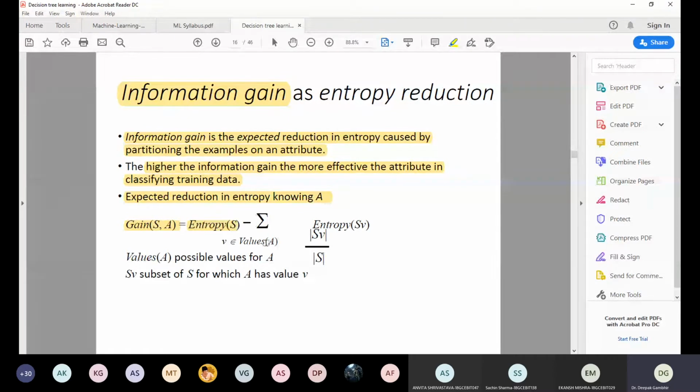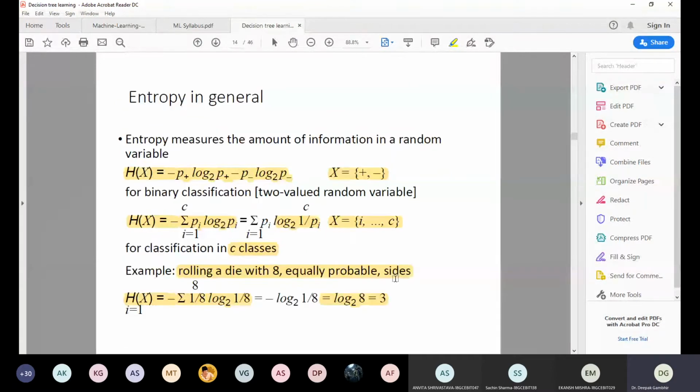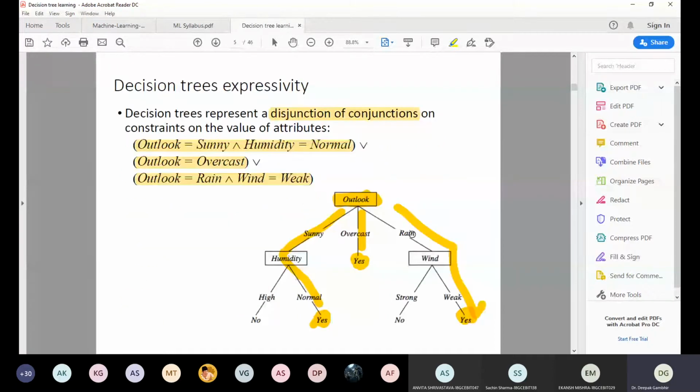Actually, this is in front of entropy, so it is the summation of mod of SV over S times entropy of SV, where we are partitioning the set for which attribute A has value V. For example, in the case of Outlook, there are three values in this example: sunny, overcast, and rainy.